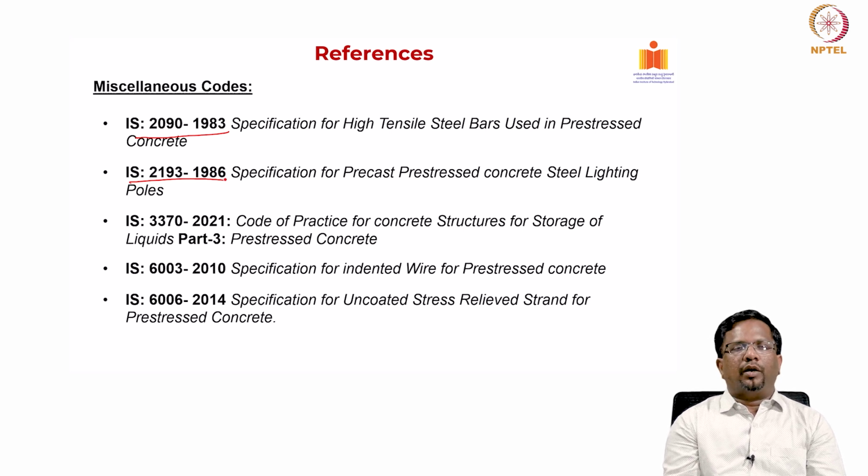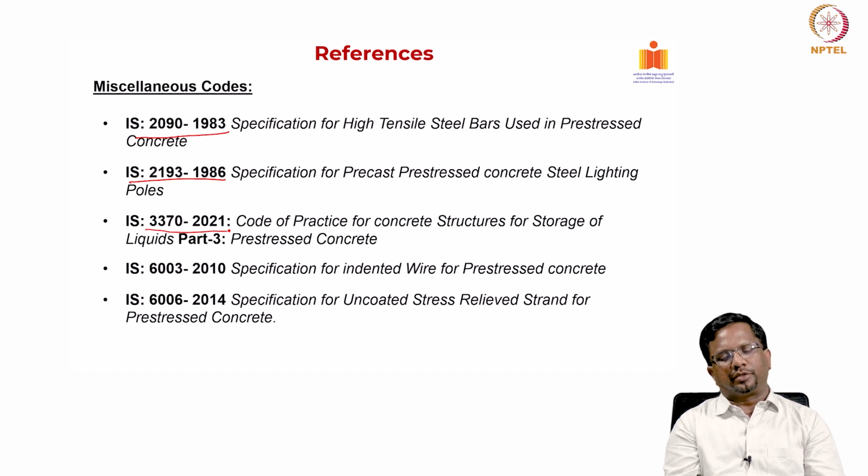And for prestressing applications with respect to liquid storage tanks, particularly water tanks or other liquid containing structures, we follow IS 3370-2021, particularly part 3 of this standard for prestressed concrete. So, that will also be used.